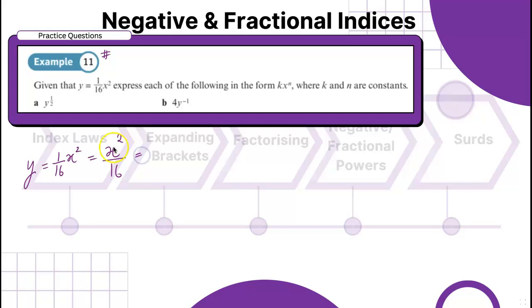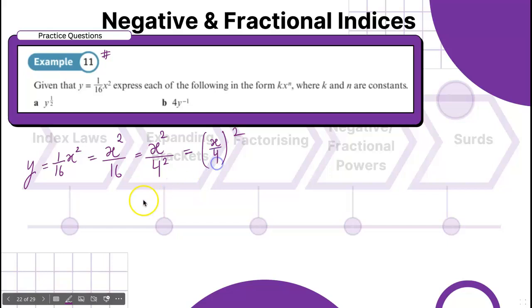Can we also write it as x over 4 squared? 16 can be written as 4 squared, and they both have the same common indices, so we take a bracket and write x over 4 inside.